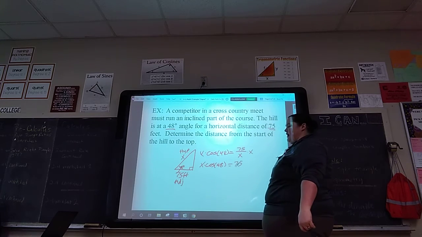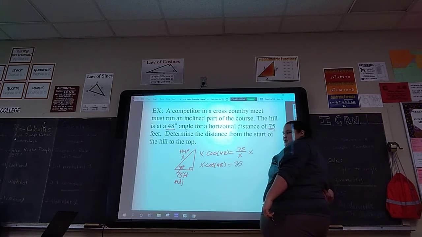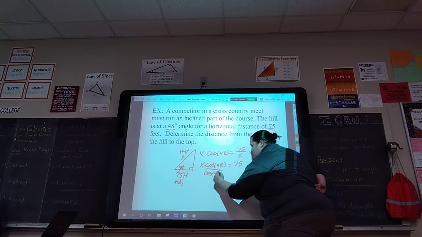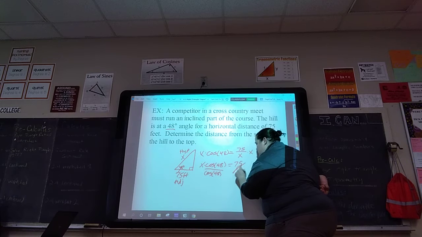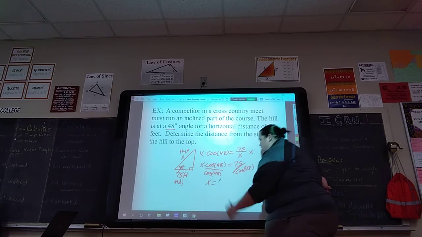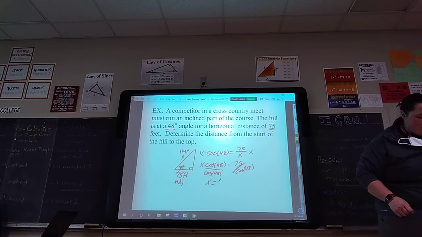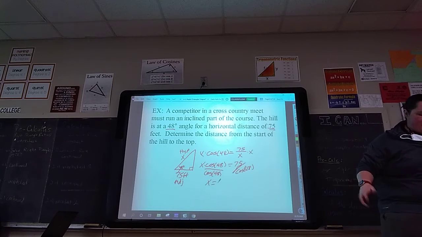And how do we finish solving for x? Divide by the cosine. So we'll do 75 divided by cosine of 48. So it's 112.085, so I'm going to do 112.1.